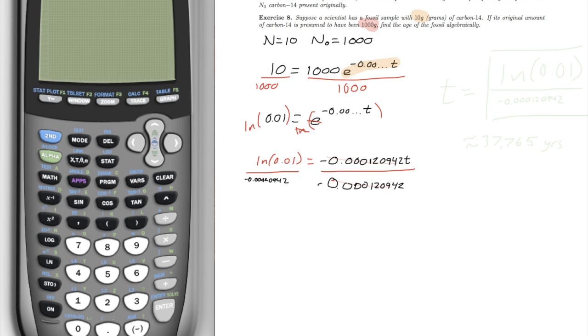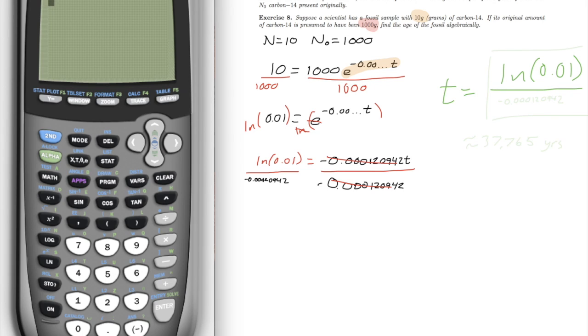So getting that cancellation, we have a value for t, an exact value. t is equal to the natural log of 0.01 divided by that large number, negative 0.000120942.